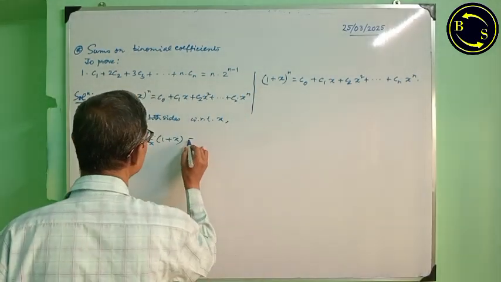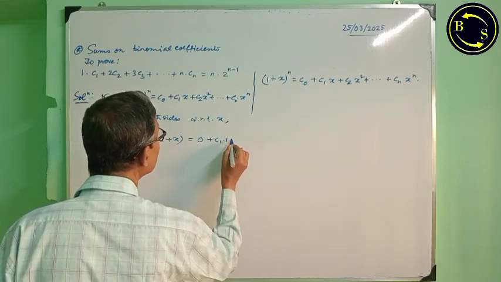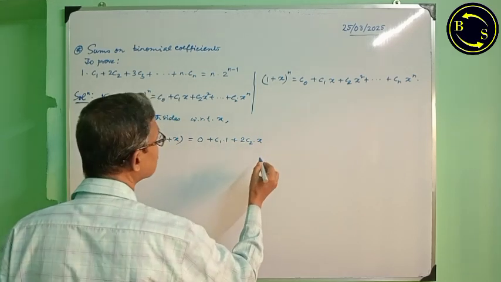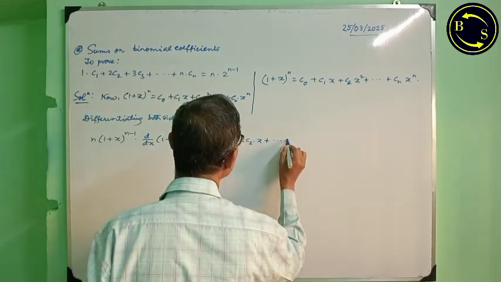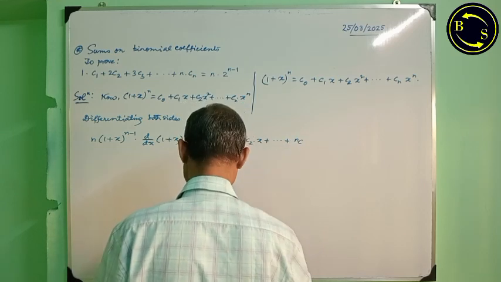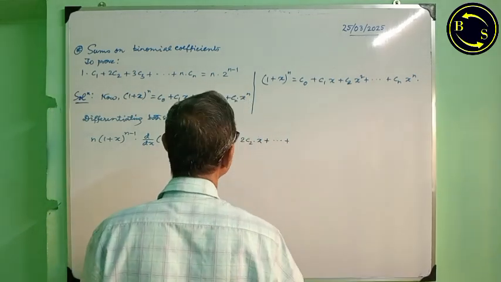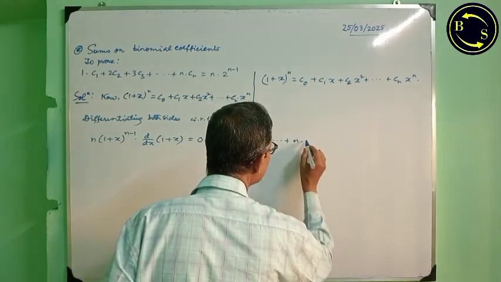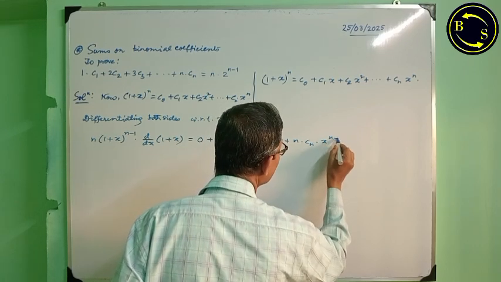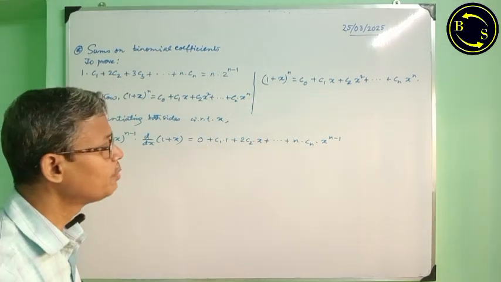That is equal to 0 plus C1 into 1 plus 2 C2 x plus dot dot dot plus n into Cn into x to the power n minus 1. Derivative of x to the power n is n into x to the power n minus 1.